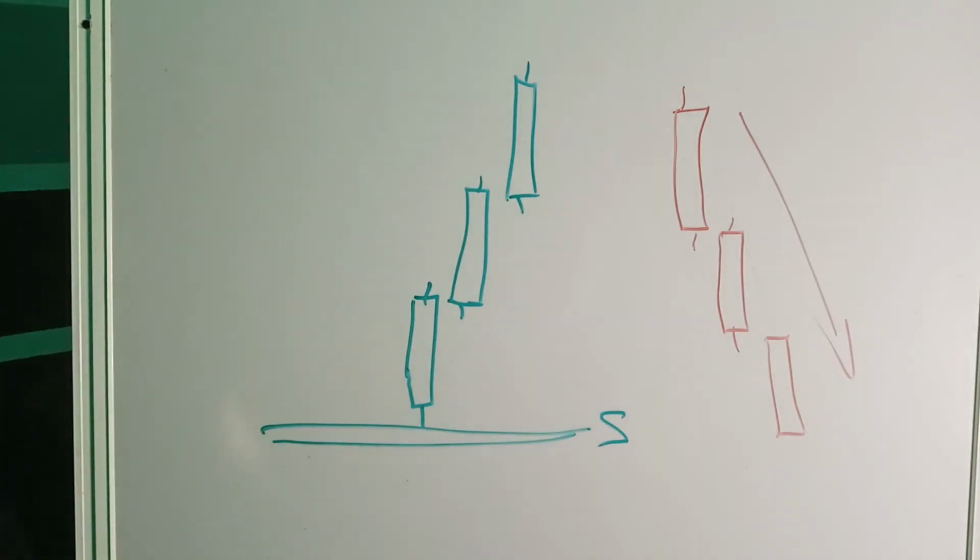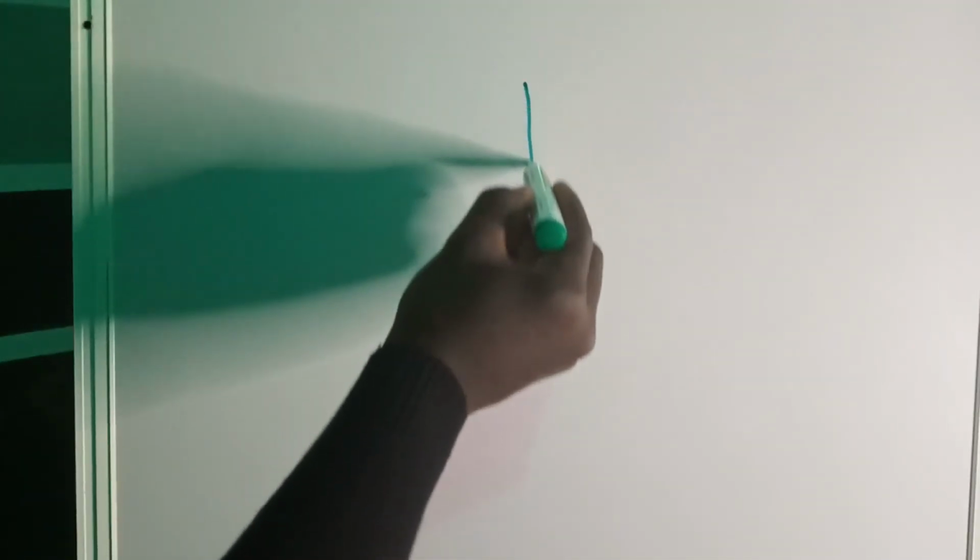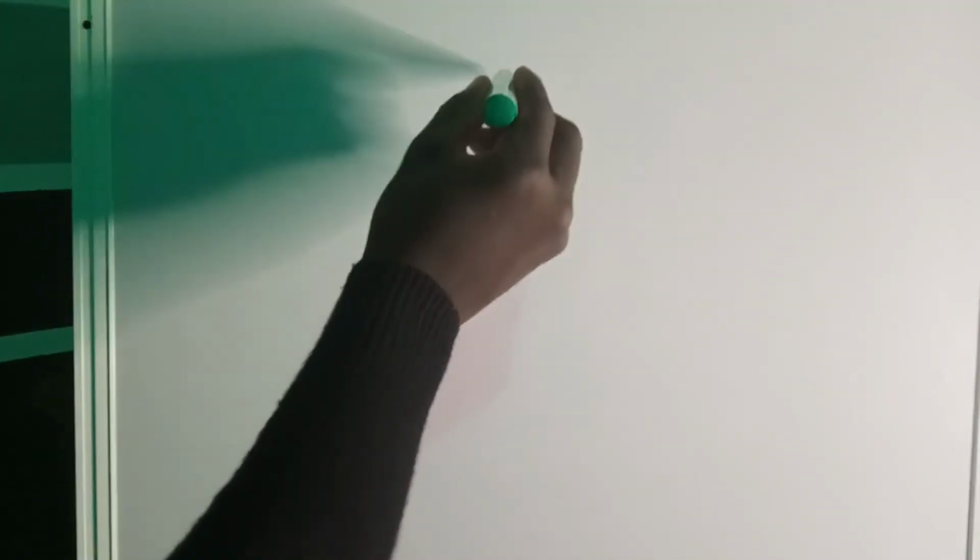The next candlestick we will look at is the shooting star, which is my favorite, and it's very common. It's very easy to spot on the chart. The shooting star involves a long wick and a small body.